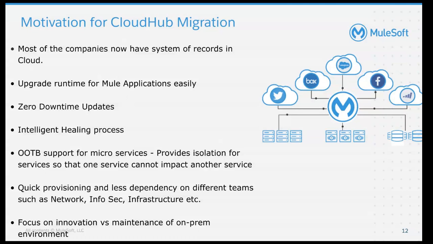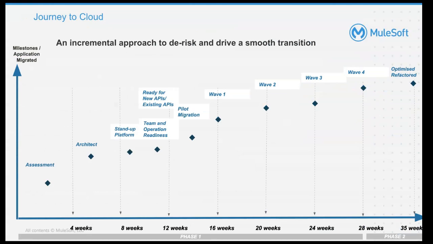So let's step in and understand how you can think about this migration. I understand it's a gradual process. The best practice I usually recommend to customers is to go in an incremental fashion. Don't do a big bang where you deploy your entire on-prem application set to CloudHub at once. What I suggest is a phased approach.